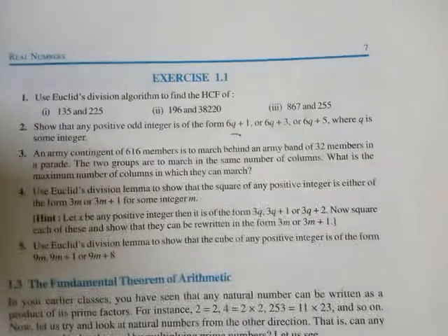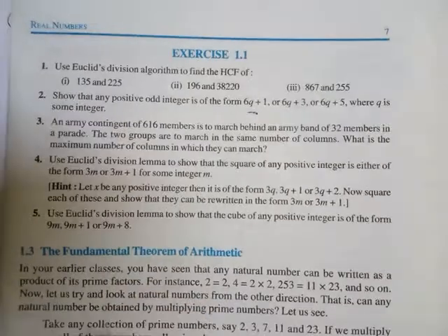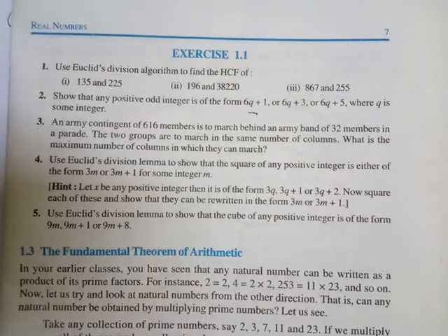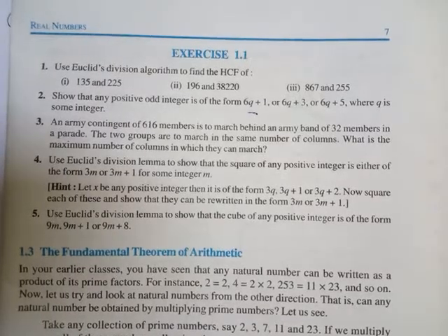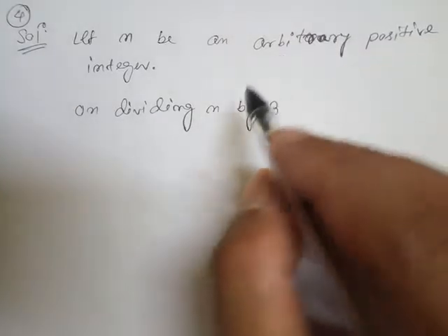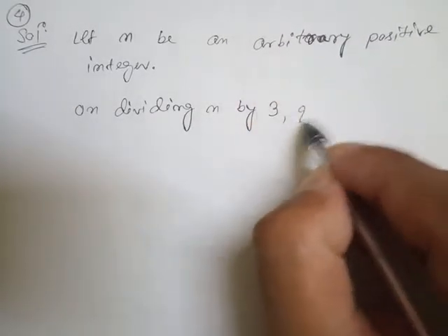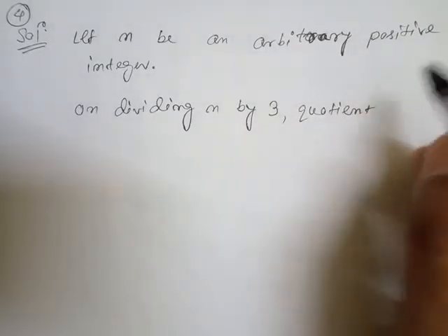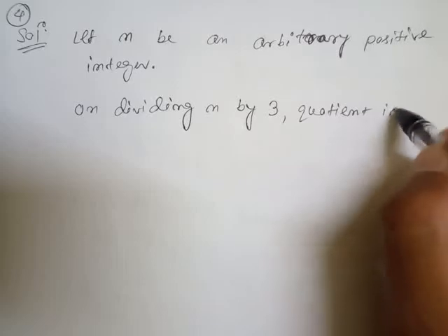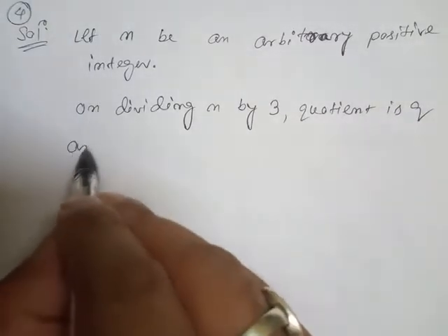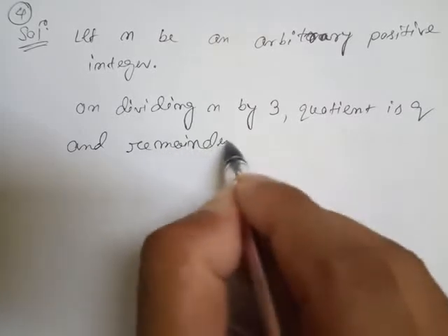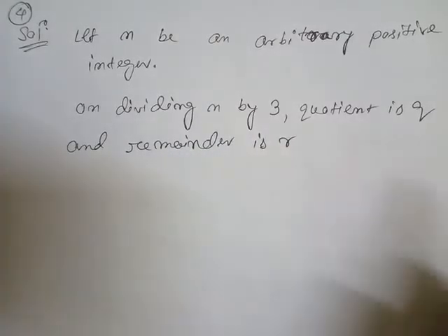Look here, student. For the question, it is given 3m or 3m plus 1. That's why, since 3 is there, we have to divide the value of n by 3. Then the quotient is q and the remainder is r. So we can apply here the Euclid's division algorithm.